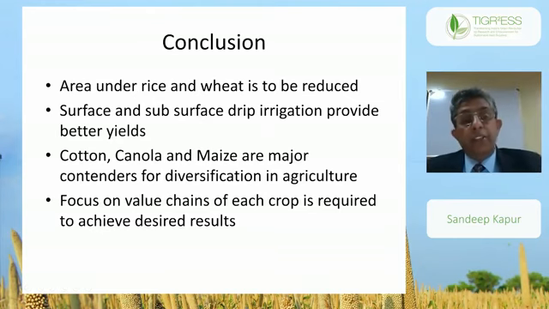My conclusion here is that the area under rice and wheat is to be reduced, and surface and subsurface drip irrigation provide better yields, but cotton, canola, and maize are the major contenders, and we should focus on that. But we need to focus on the value chains of each crop to achieve the desired result.